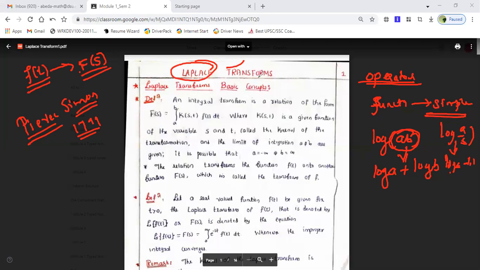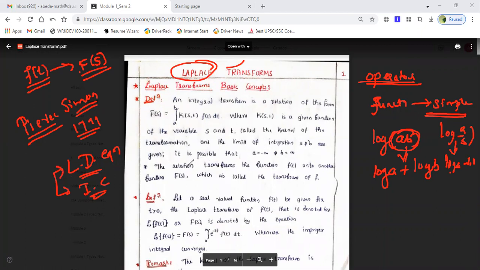This particular concept is widely used by scientists and engineers, and it is used in solving linear differential equations with initial conditions. What these initial conditions are and what a linear differential equation is, I'll teach you once we start with this chapter.